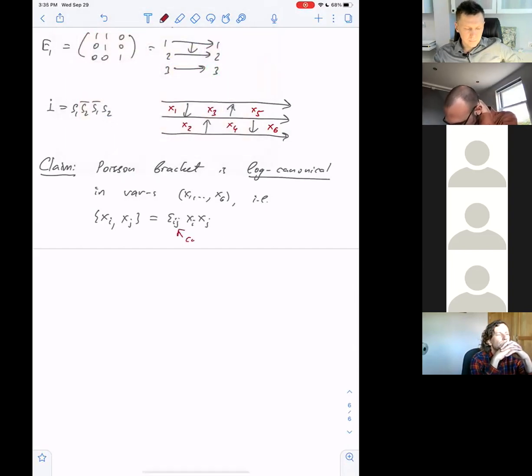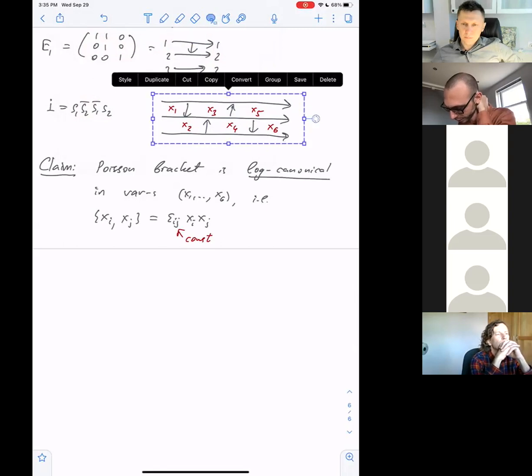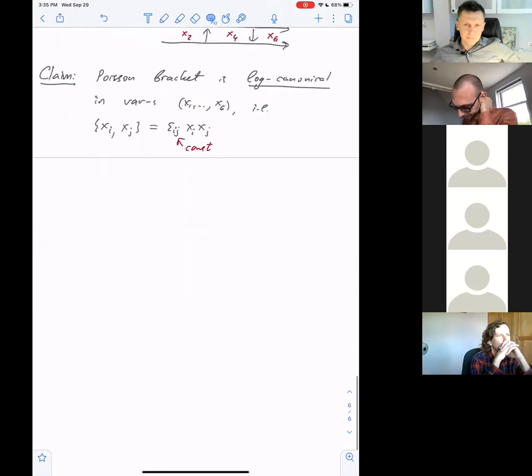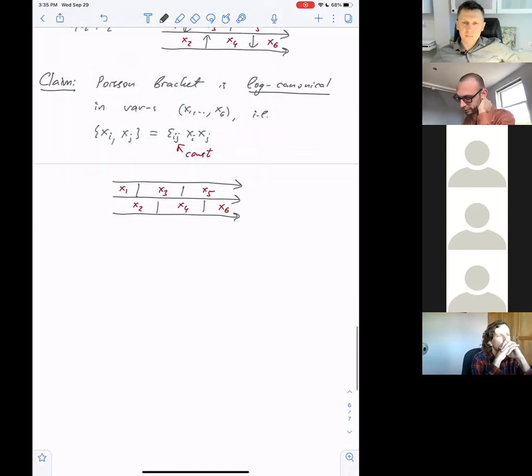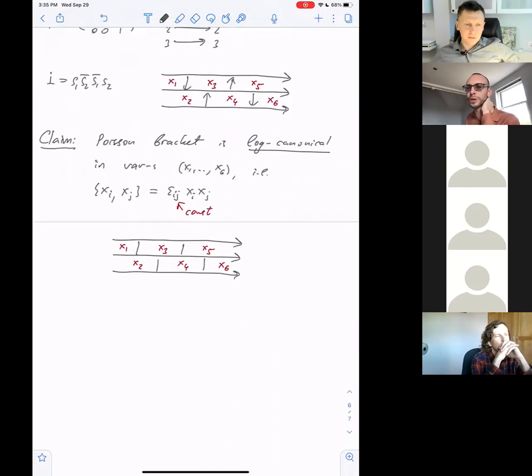Now, how do we write out these constants? And here's how you do that. It's again just a completely combinatorial procedure. I'll do some very superficial stuff, don't pay attention to it. I'll just put black and white vertices instead of arrows. It helps.